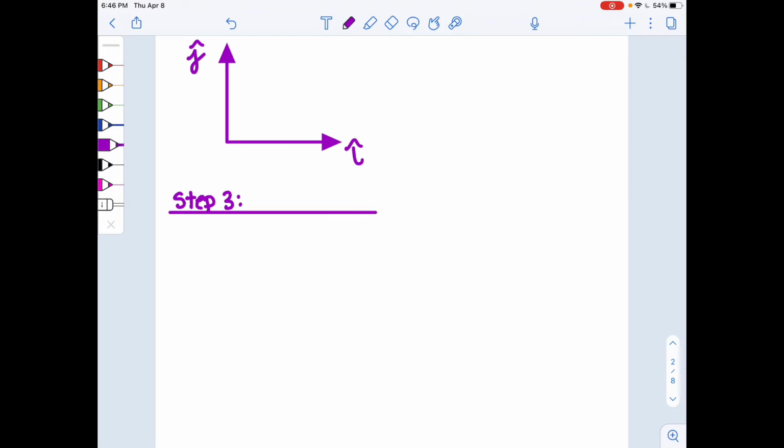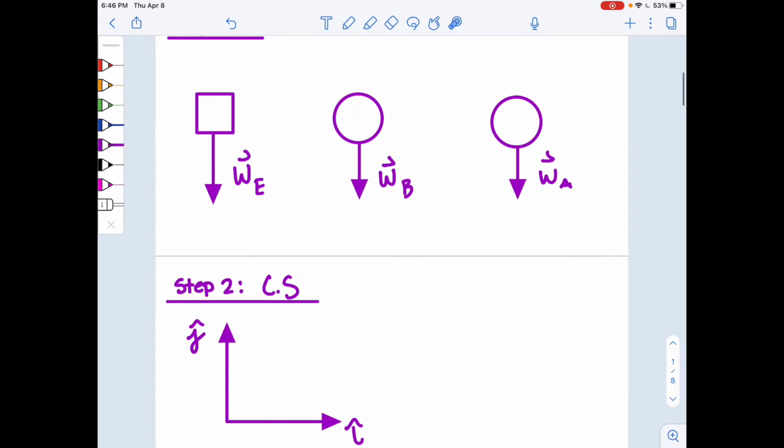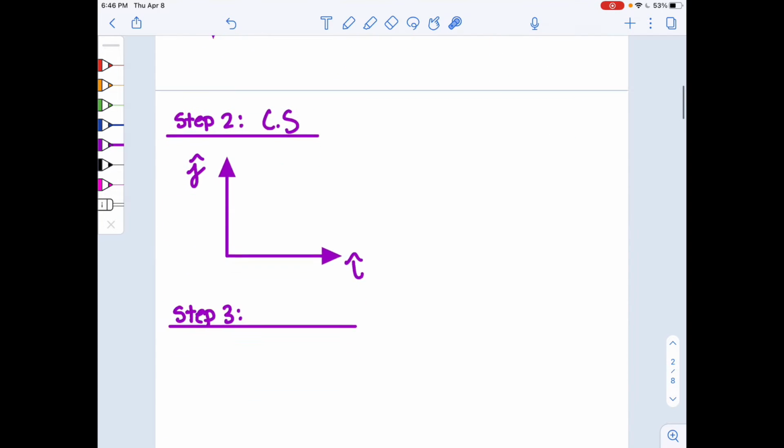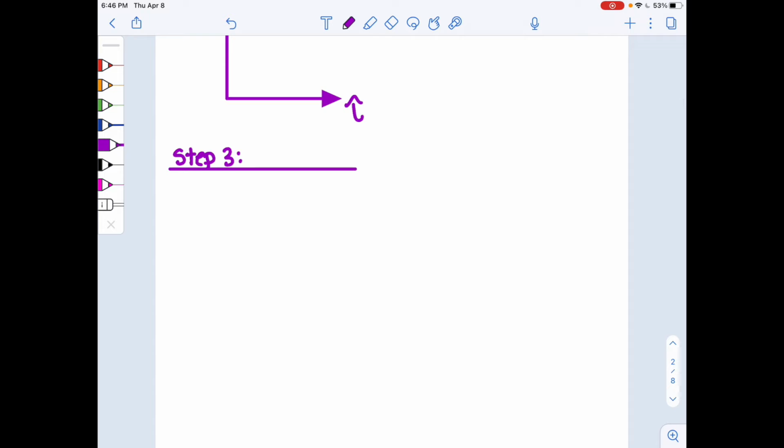All right, step 3, which is going to be putting all of our forces that we drew in the free body diagrams for all 3, so WE, WB, and WA, into vector form.